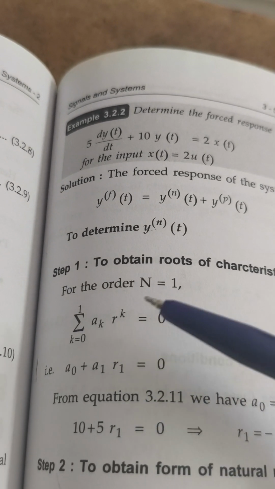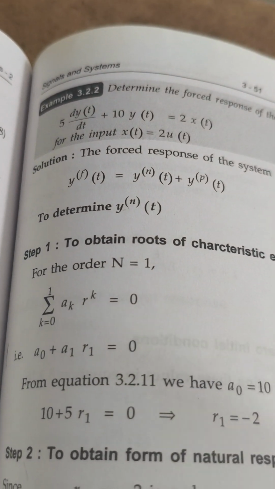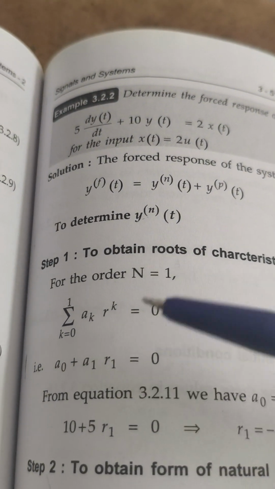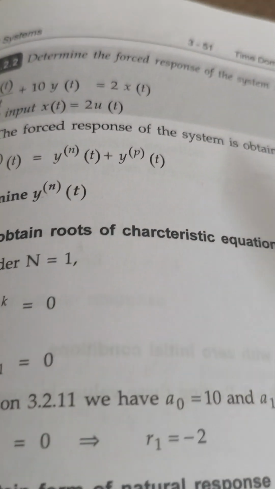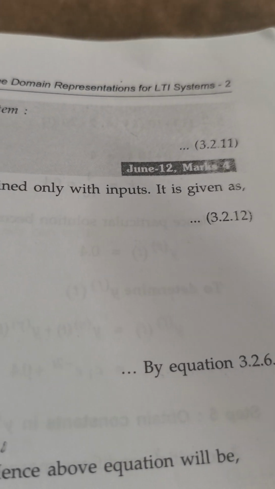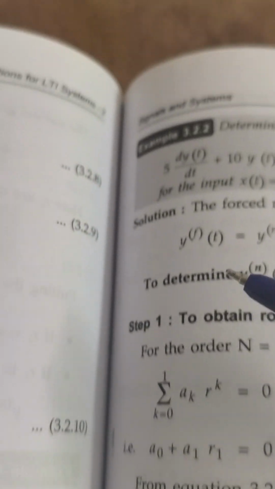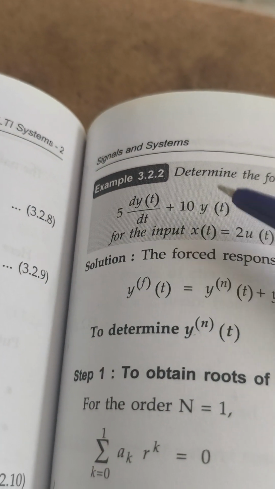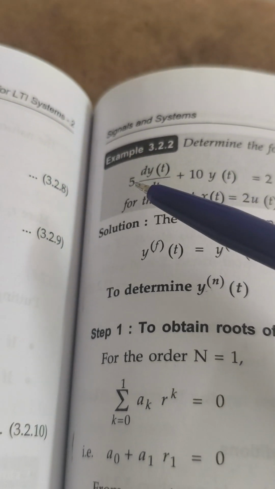It is equal to 0. That is, from this equation we will get this term. Compare this equation with equation 3.2.11. Here these are the constants of the differential equation. This is your a0, and this is your a1.